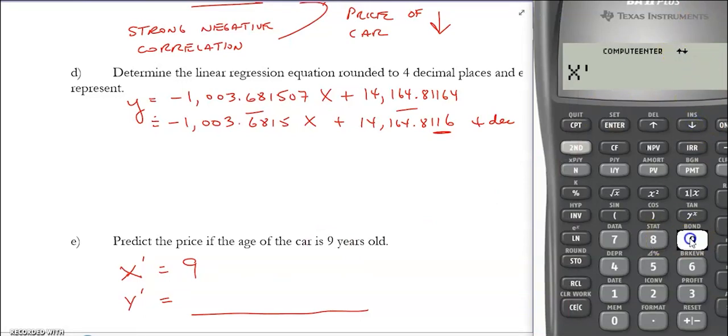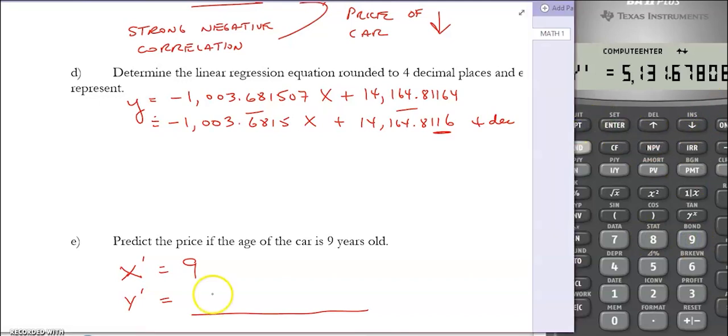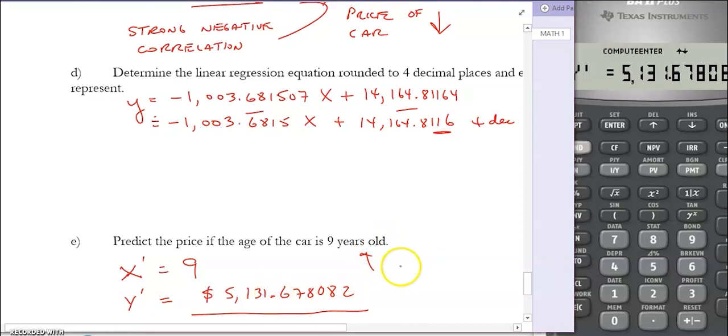So we put 9, enter, scroll down and compute, and we should expect the price of the car to be 5,131 and change. Now, once again, just make sure whatever I ask you to round, just round accordingly. But it's that simple. If you use the formula, once again, we would just plug in the 9 for x, and we should get the same value.